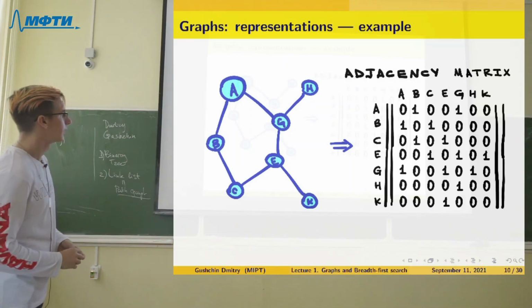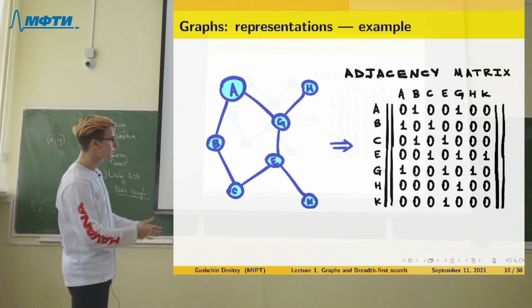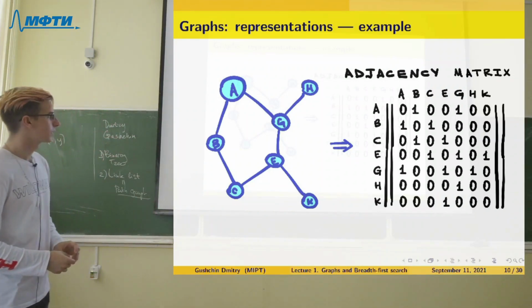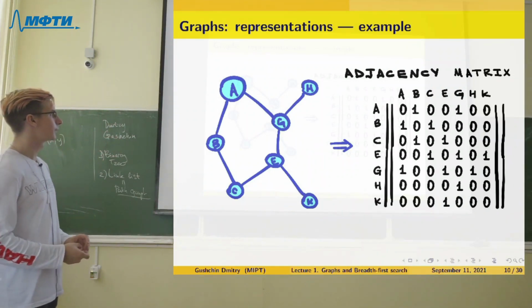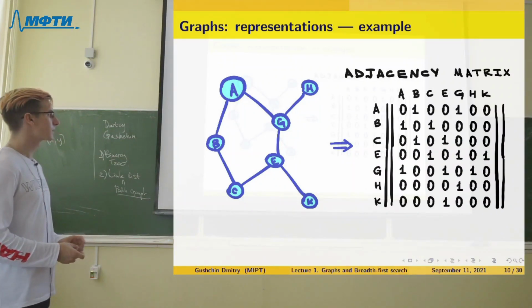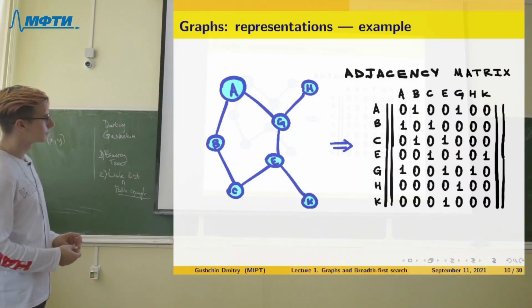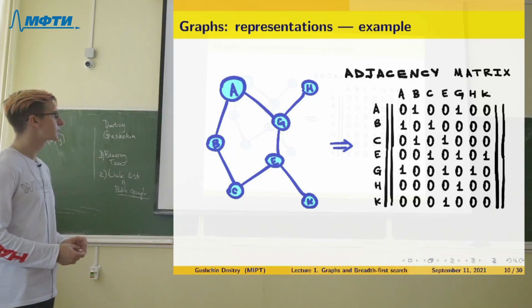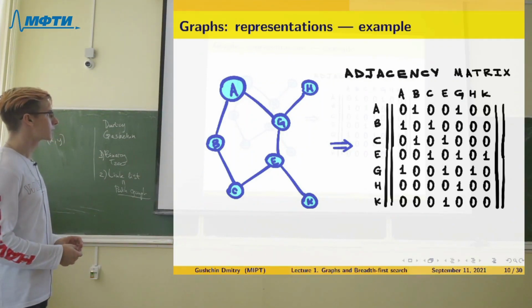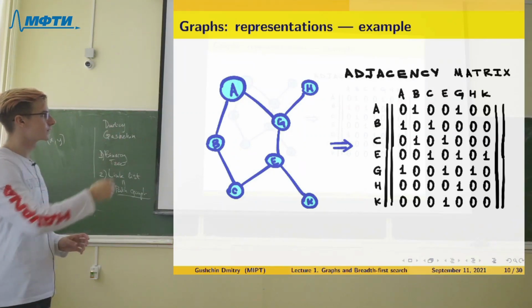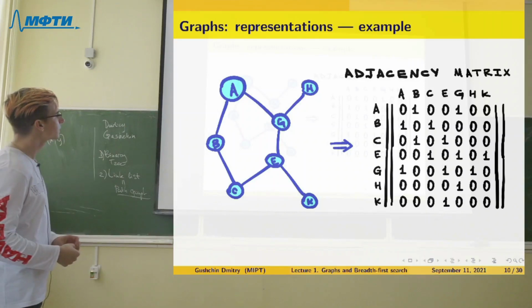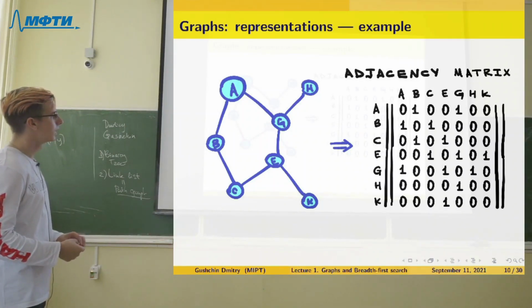Then the adjacency matrix. It's a matrix with dimensions n, equal to the number of vertices, and every element of the matrix represents adjacency between a row and a column.